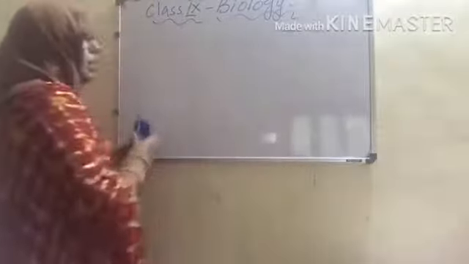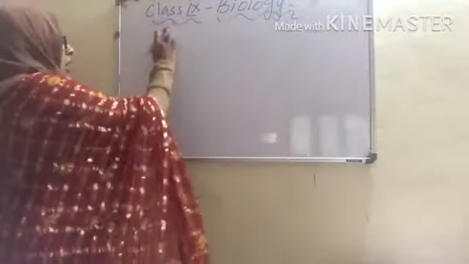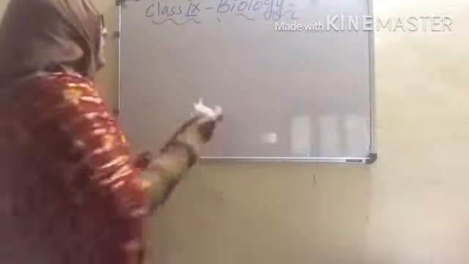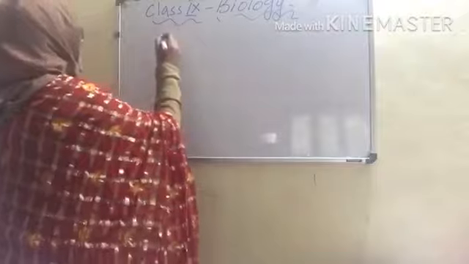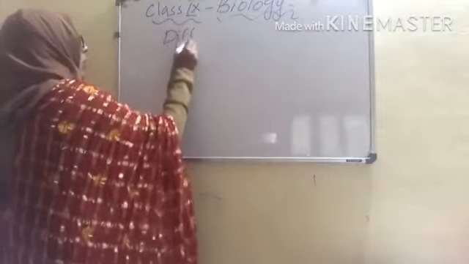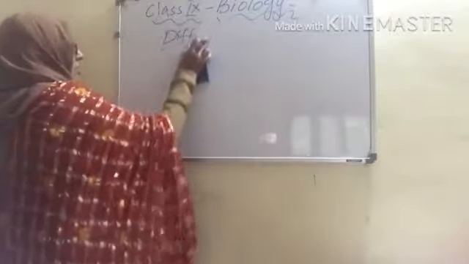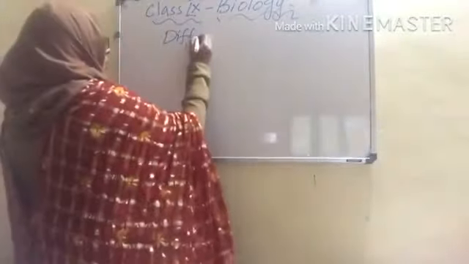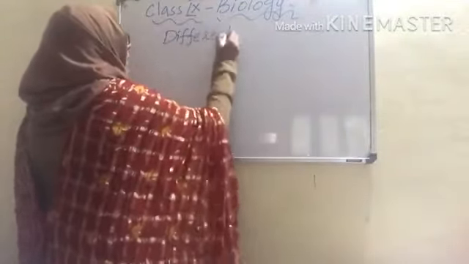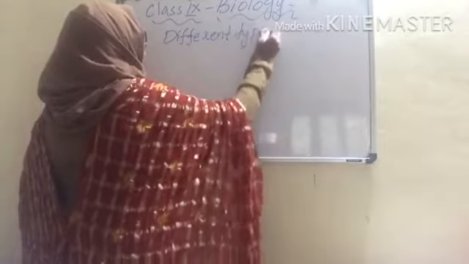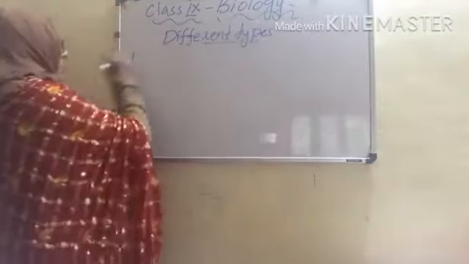So I hope you understood what epithelial tissue is, where it is seen, what the features are, and now we are going to see the different types of epithelial tissue, which I wrote in shorthand form.